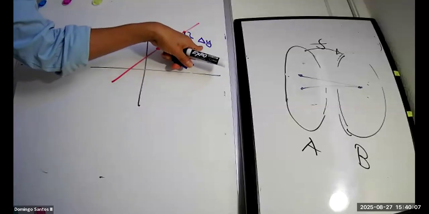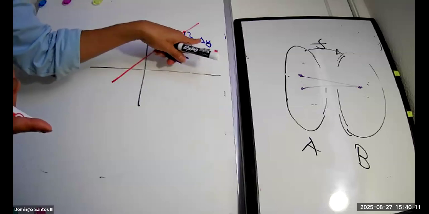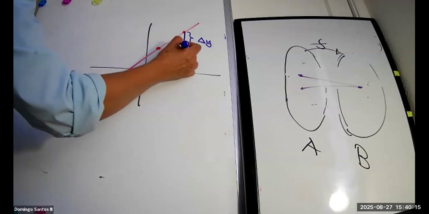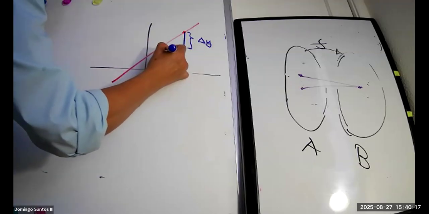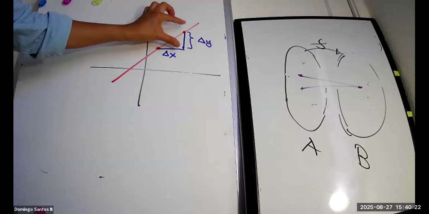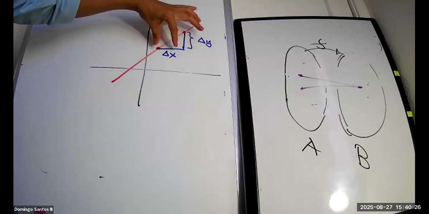I'm introducing that delta there because later on when we get to calculus itself, that will be very important. And we'll be using it a lot of times, okay? And this is your delta x. This is the rise, change in y, and the run, change in x.